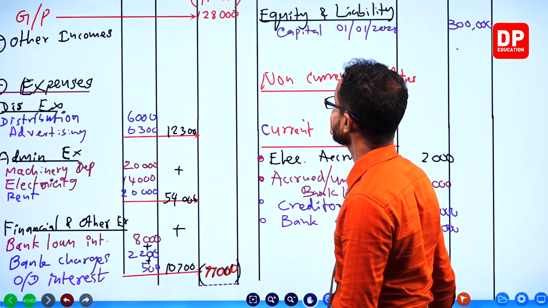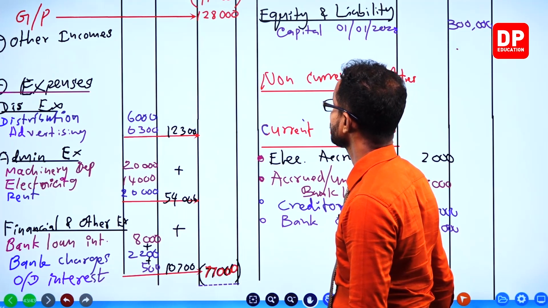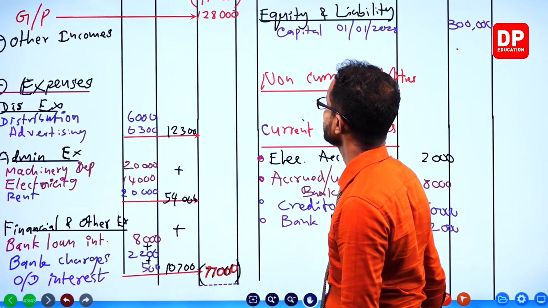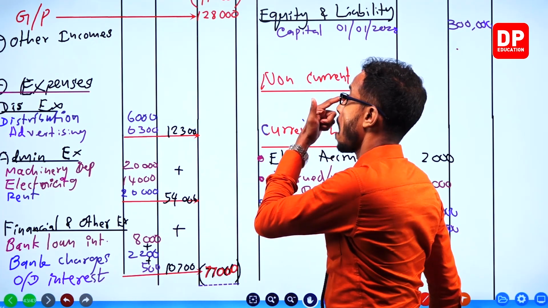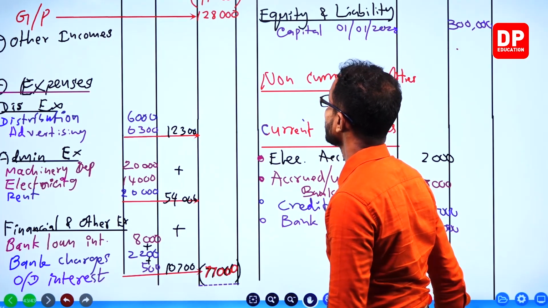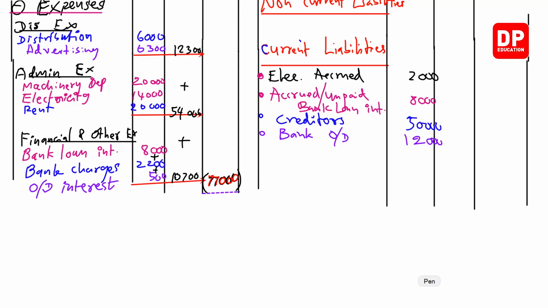It's 51,000, right? That is your net profit, guys.